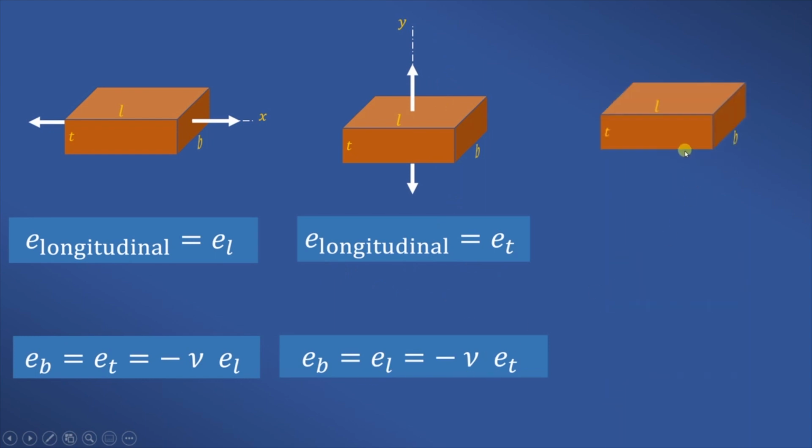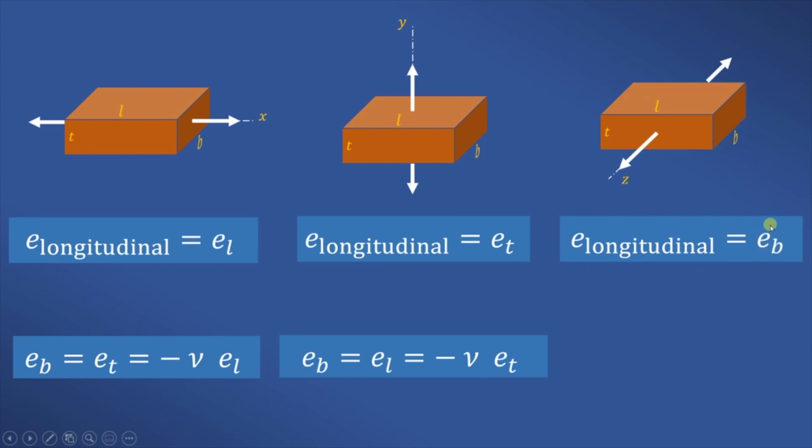Now it is the same bar. There is a load along z-axis, and because of this load, strain in width is longitudinal strain, and strain in length and strain in thickness are lateral strains. So longitudinal strain is strain in width.